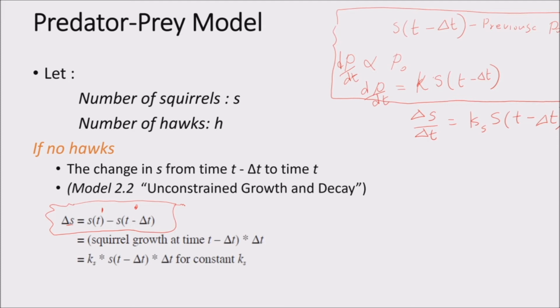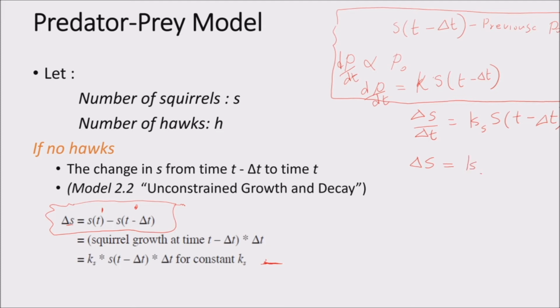That part we already know, right? So the change in population is equivalent to something like this right here. This means delta S, taking the delta t to the other side, equals a constant.